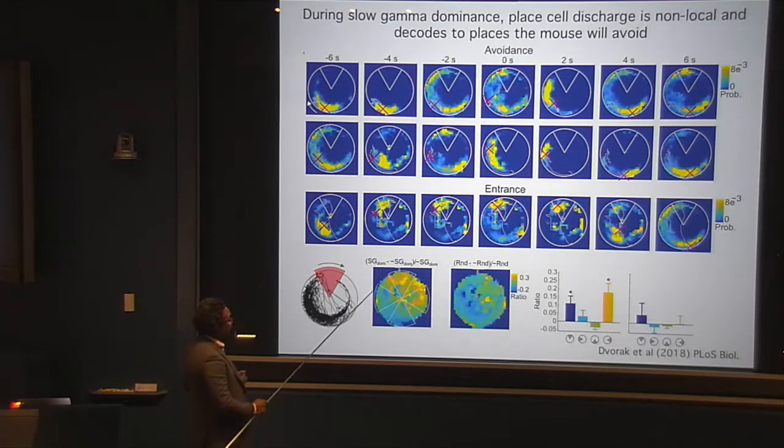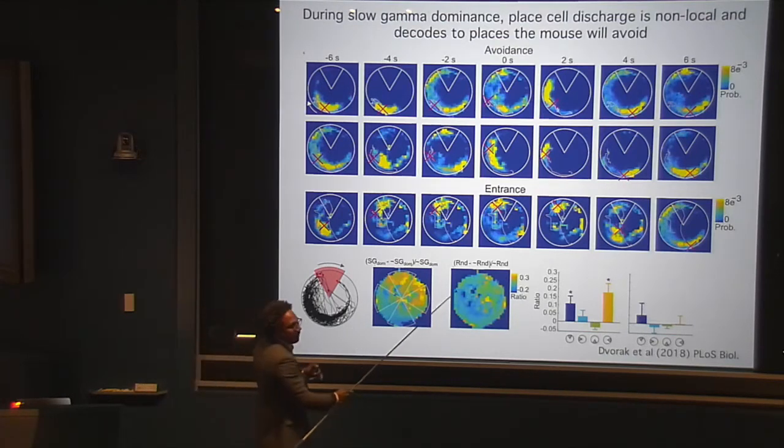But what we observe when slow gamma dominates is that no matter where the animal happens to be, he might be here, here, anywhere here, whenever that occurs, the probability map of what the hippocampus is representing is where he's not going to go. You can see this matches very nicely the region that he isn't going to go, around the shock zone.